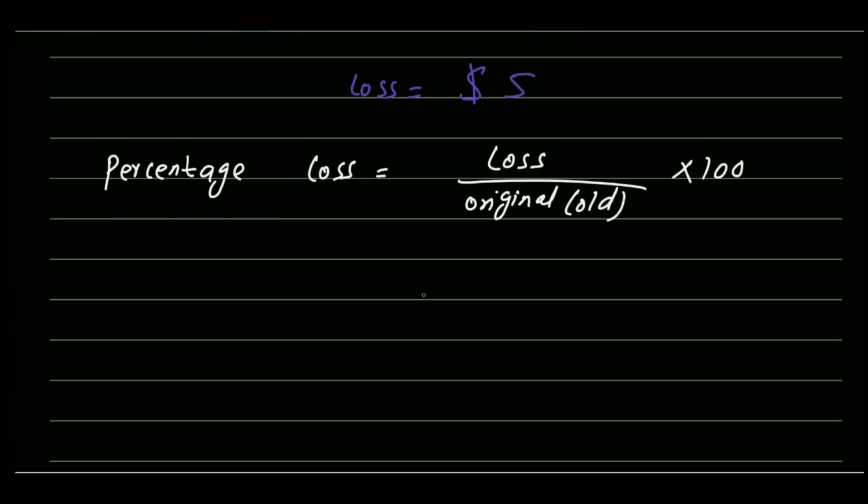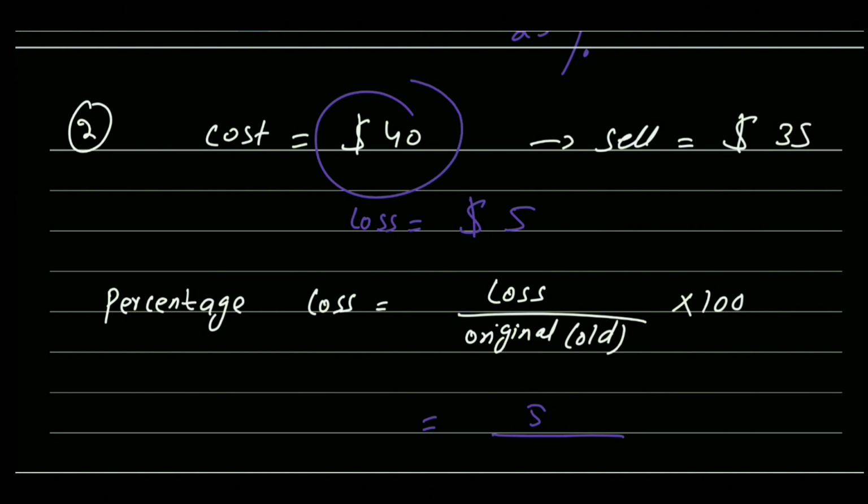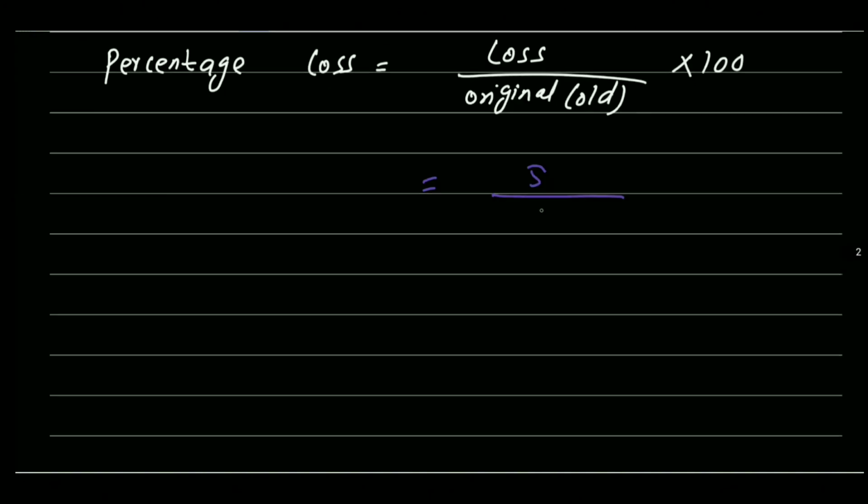Here the loss is 5 and the original is the cost price, that is 40, multiplied by 100. You can simplify, and it will be 12.5%.